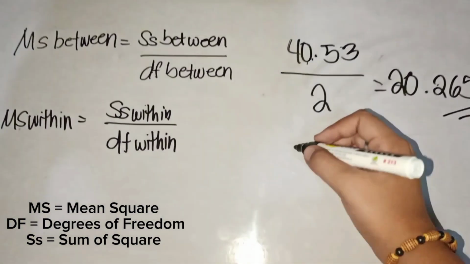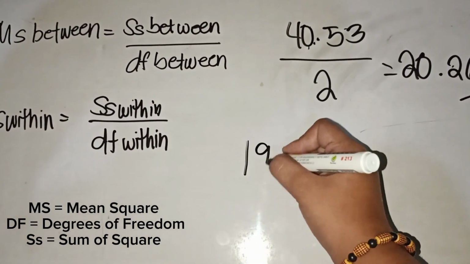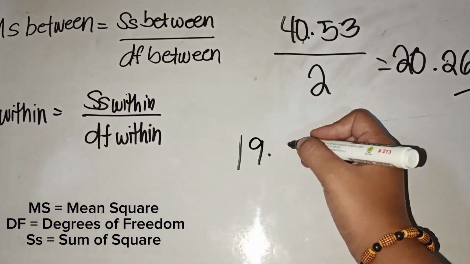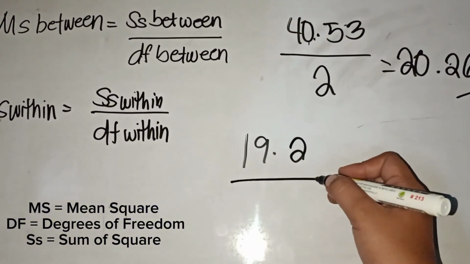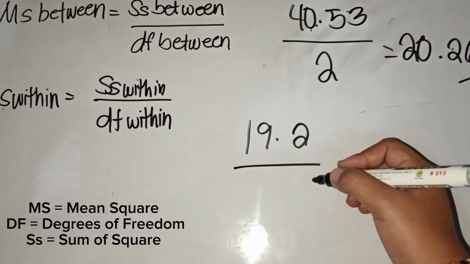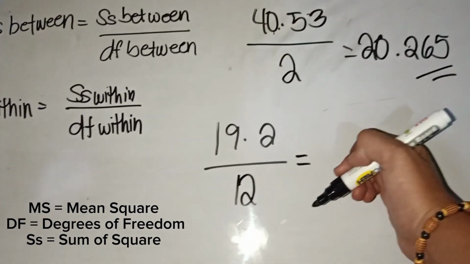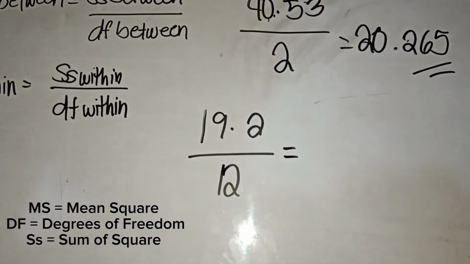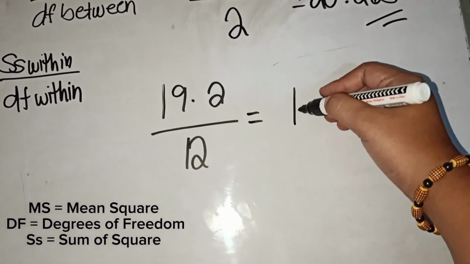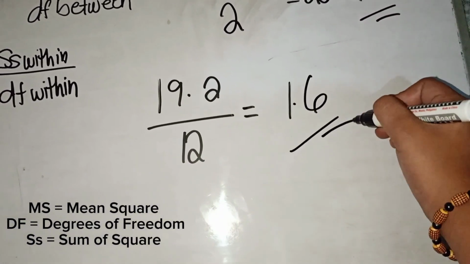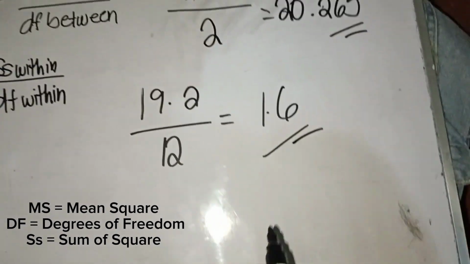So, 19.2 divided by DF within 12. So equals 19.2 divided by 12 equals 1.6. So mao na ang atong MS within.